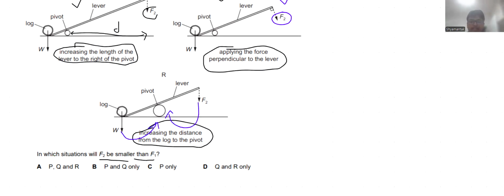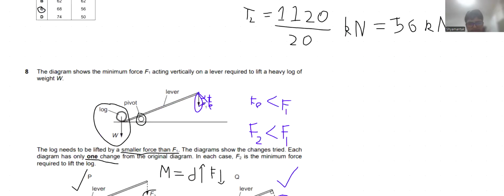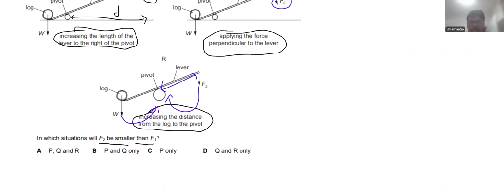And as the distance between pivot and F2 stays the same in comparison to this situation, the moment would increase only when the force is increased. So F2 is a larger force than F1 in this case. So R is a cross. So P and Q are the two ones at work, and therefore the correct answer is option B.